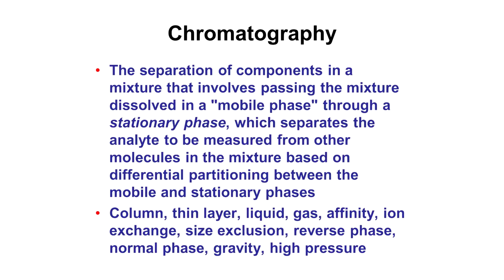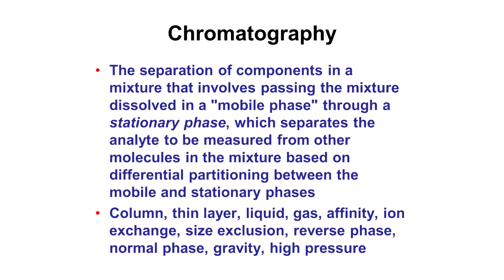And the mobile phase interacts with the stationary phase based on those physical features. So within chromatography, people can, even in the world of metabolomics, use both column and thin layer chromatography. It could be either liquid or gas. Affinity chromatography, ion exchange, size exclusion. Most people use reverse phase, but you can also use normal phase.